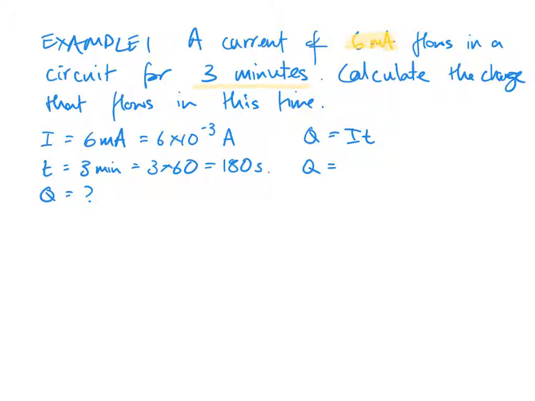Q is unknown, so we'll leave that as Q. I is 6 times 10 to the minus 3 times 180 seconds. Do the calculation, and we get 1.08 coulombs. Now, that was a straightforward example in terms of the formula. There was no rearranging required, but the numbers had prefixes and unit conversions.